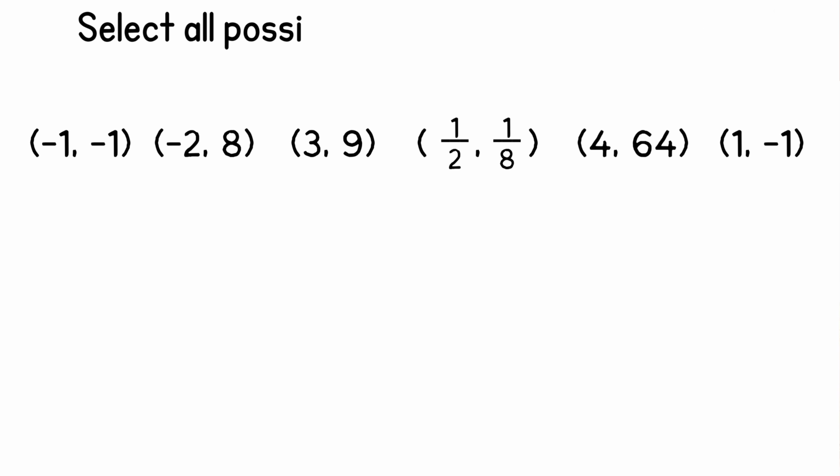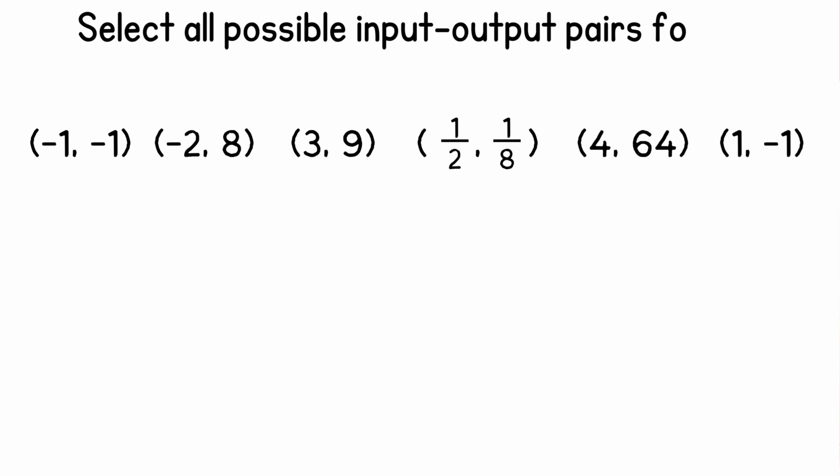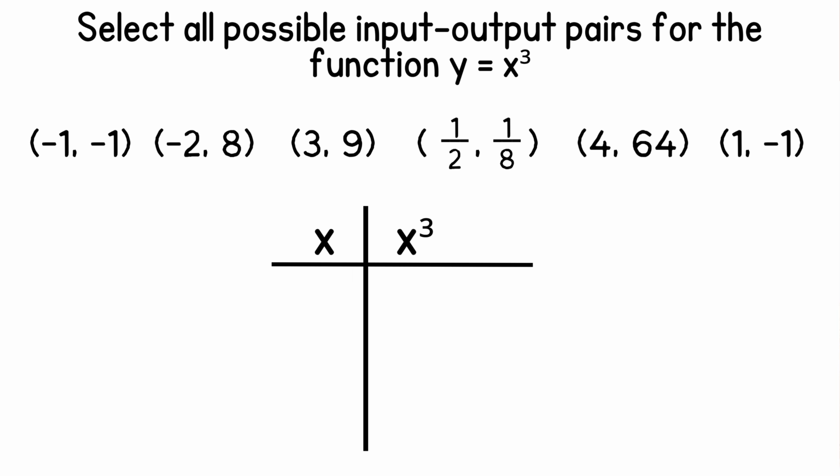Our last example says to select all possible input-output pairs for the function y is equal to x cubed. So we'll make our table where we'll compare x in the domain and x cubed in the range. If we have an x value of 2 and we cube it, we'll get an output of 8.